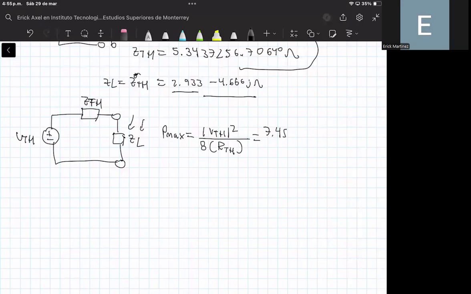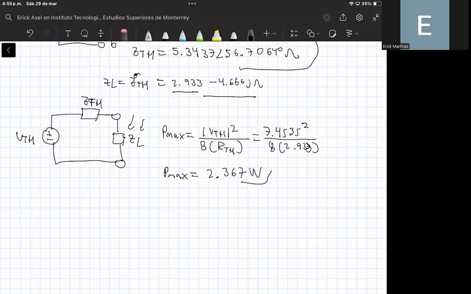So if you substitute the magnitude of the Thevenin voltage, that is 7.4535, and then you square that value and divide that by 8 times the real part of the Thevenin impedance, that is 2.93, the maximum average power transfer is equal to 367 watts.